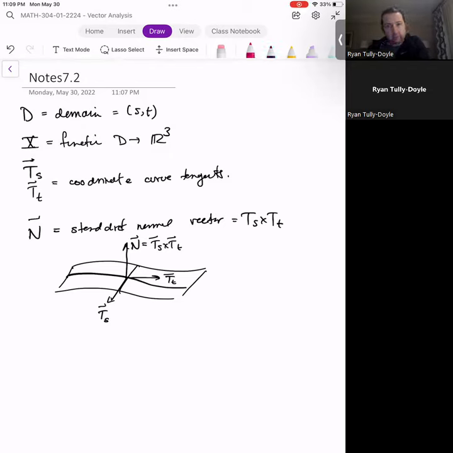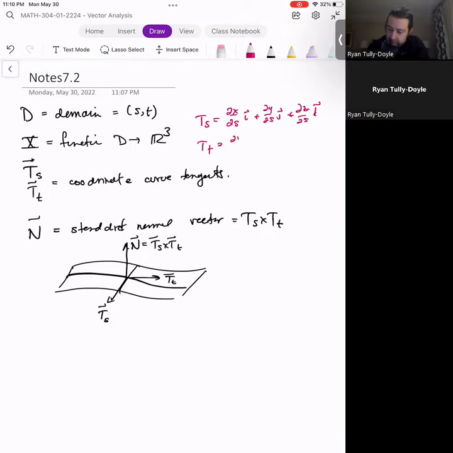The last thing I'll say is remember that we use coordinate maps, right? The way you get TS and TT is you take partial derivatives of X. So TS is equal to dx/ds i plus dy/ds j plus dz/ds k.